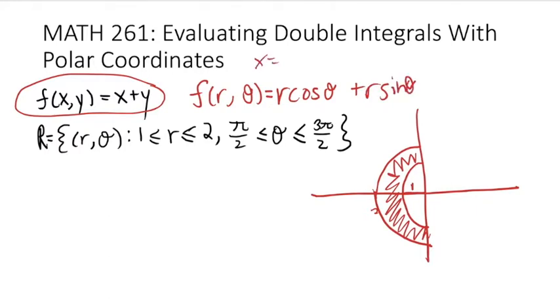Because we know x is r times cosine theta and y is r sine theta, which is a known value when working with polar coordinates. So now, to create the double integral, it's going to be of the function f dA.